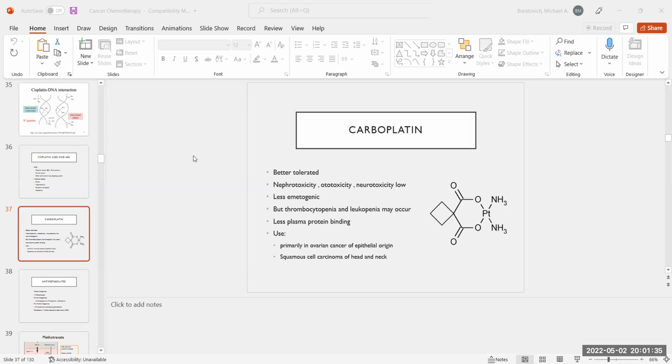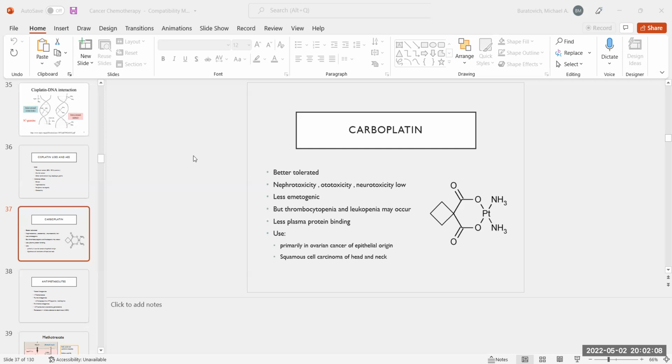The first group are the so-called camptothecins. The camptothecins come from the stems of the so-called Camptotheca tree. This tree also is called the tree of life, interestingly enough.